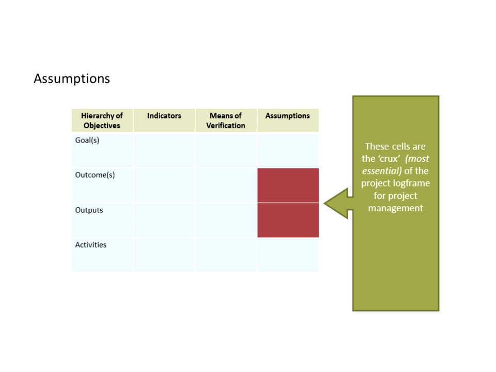All right, finally, in the last few minutes here before I wrap up, assumptions. Now, we say in the PMD Pro that these cells are the crux, and crux means the most essential, the focal point of the project log frame for project management. Now, that's not usually what people who've done log frames think. My experience is that you sort of fill in the assumptions just to get the log frame done.